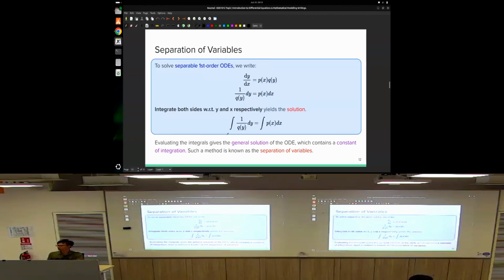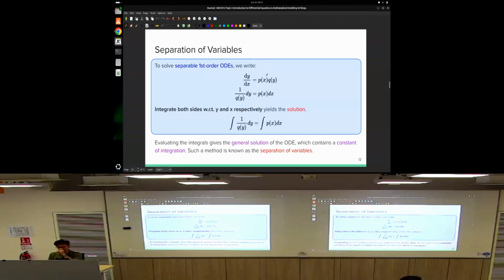The identification is important because if you cannot identify, then you probably cannot apply the correct solution approach. As you will see later on, there will be more and more solution approaches appearing for various kinds of differential equations. The first kind that you will encounter is the separation of variables.